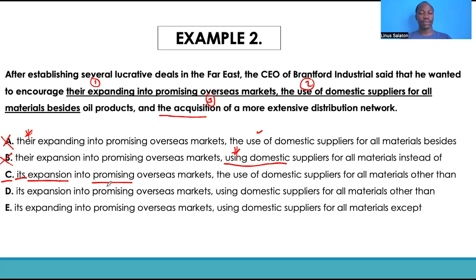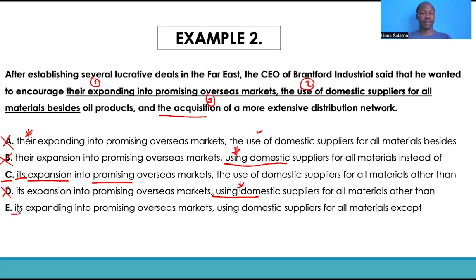D says its expansion into promising overseas markets using domestic suppliers for all materials other than oil products. This already breaks the rules of parallelism, so for that reason, this answer choice is wrong. E: it's expanding into promising overseas markets using domestic suppliers for all materials except oil products.